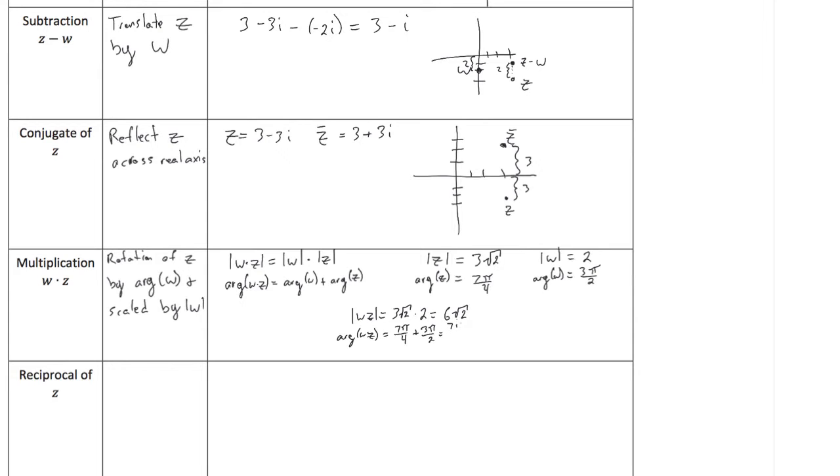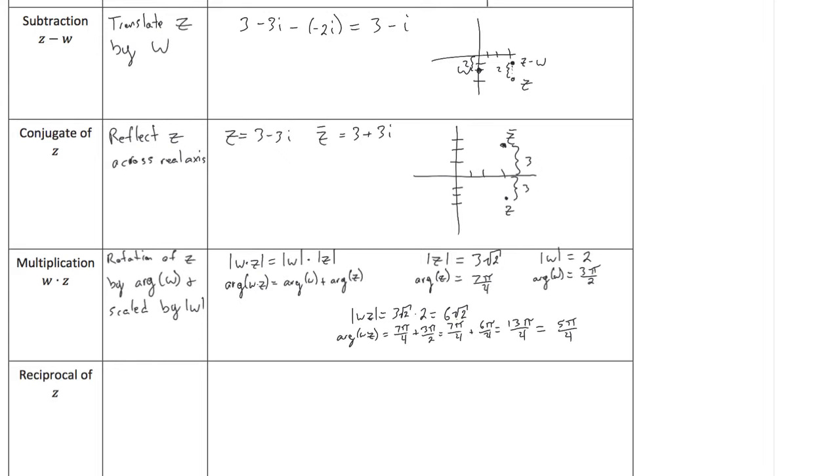That will be 7 pi over 4 plus 6 pi over 4. That will give me 13 pi over 4. But remember, I have to stay between 0 and 2 pi. So this 13 pi over 4 is the same thing as, well, that's 13 minus 8. That will be 5 pi over 4, putting me just into quadrant 3.